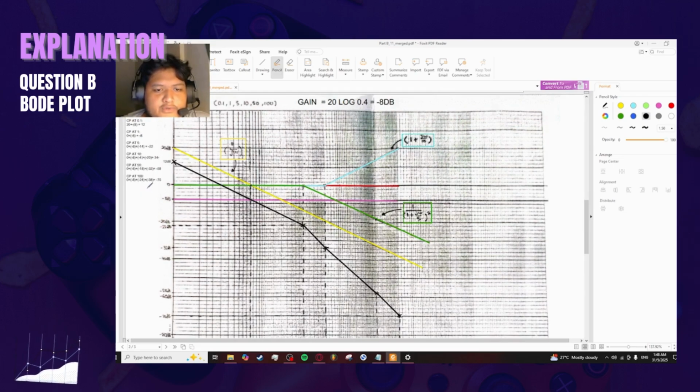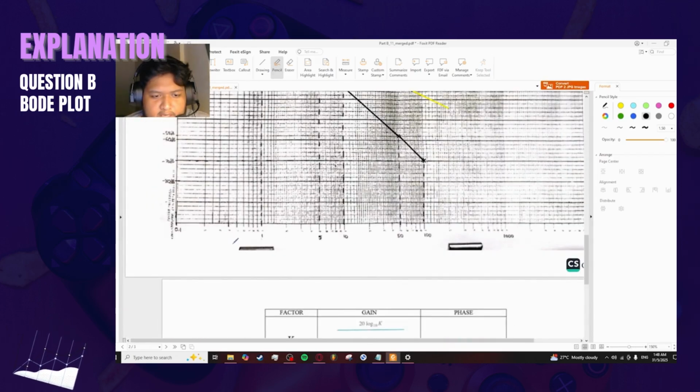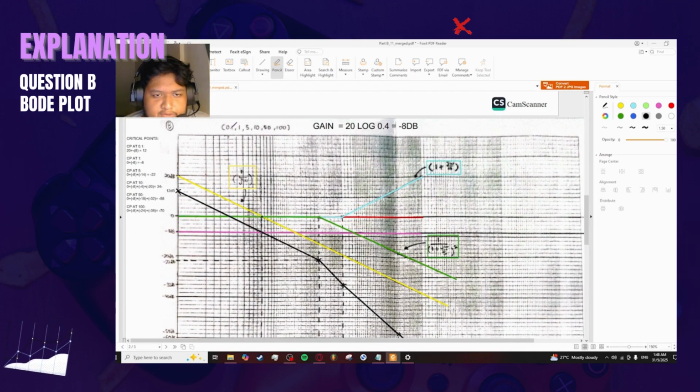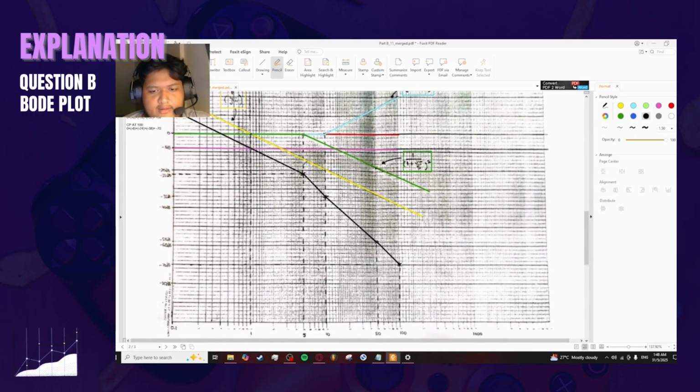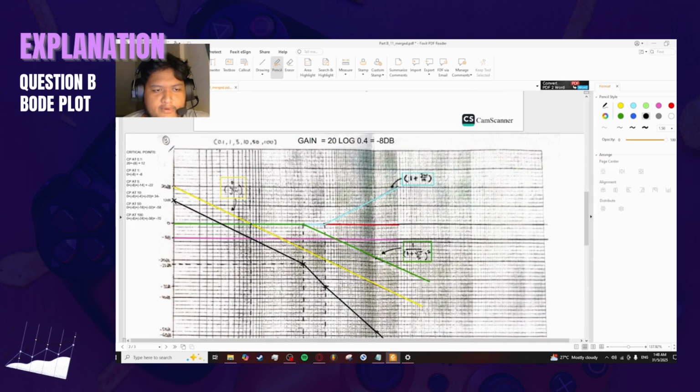You could actually choose any point down here. In my case, I would choose critical points at 0.1, 1, 5, 10, 50, and 100. The black line here represents the critical points that I did.